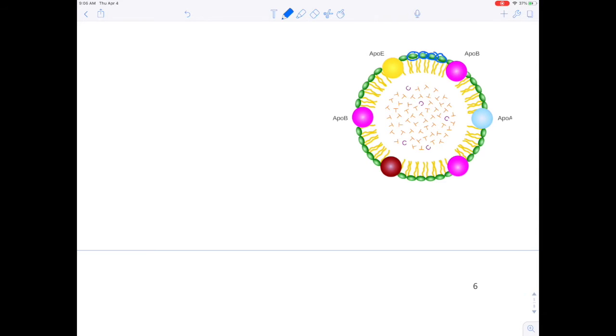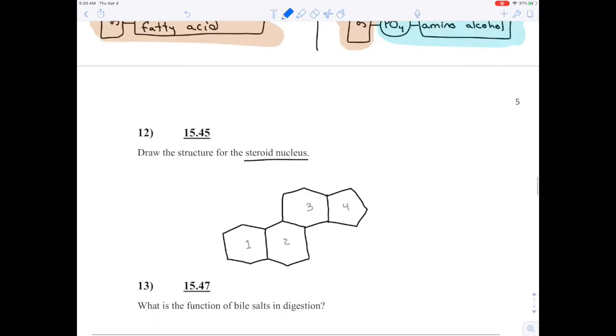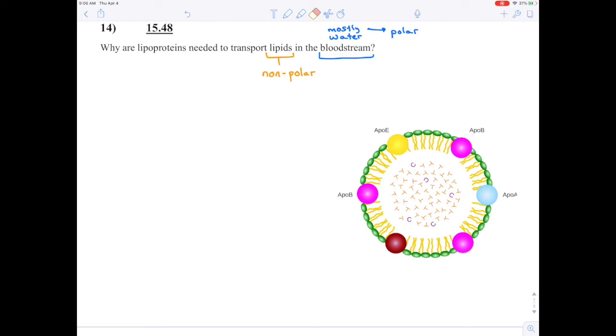So that's really polar, and that's going to act as the head, these green heads here. And the two yellow tails that they're showing, those are the nonpolar fatty acids that are there in that phospholipid. So the way that the lipoprotein works is you'll take this, you'll make a ball, and you'll have all the heads face the outside so they can mix with water because they're polar.